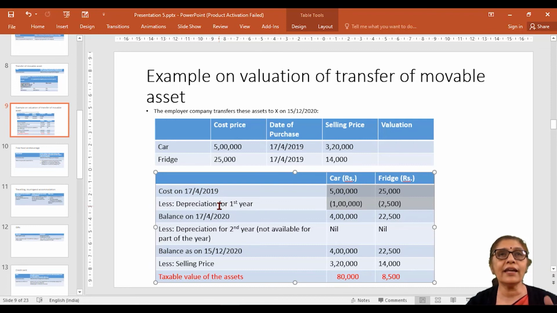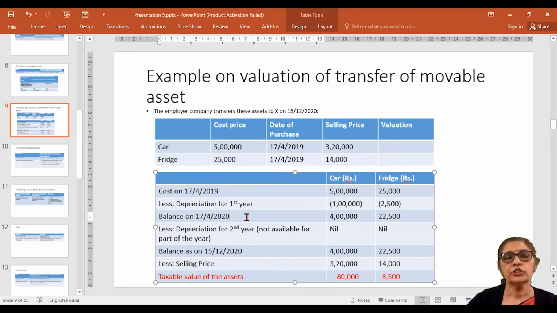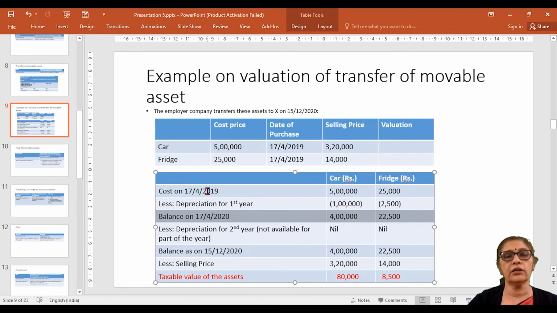So it's a day before. So till 16th April 2020, you have not transferred, you transfer on 15th December. So you claim depreciation for the whole year. Car we have done 20%, 1 lakh. Fridge 10%, 2,500. So the balance after 1 year, that is 17th April 2020, is 4 lakhs, and for the fridge 22,500.